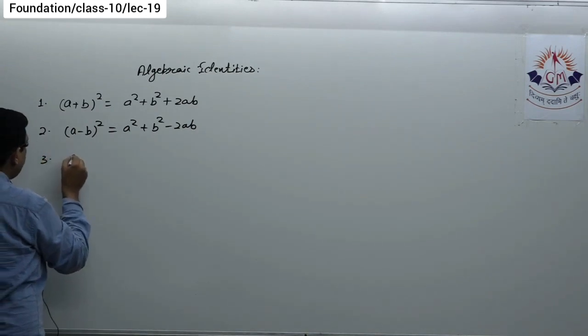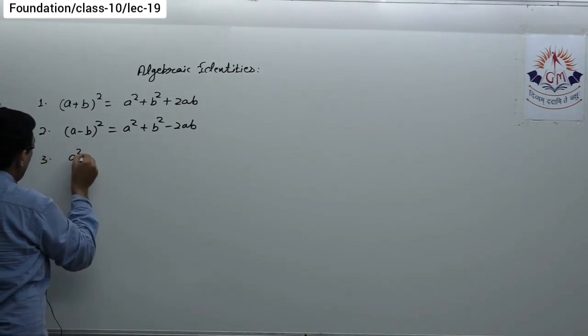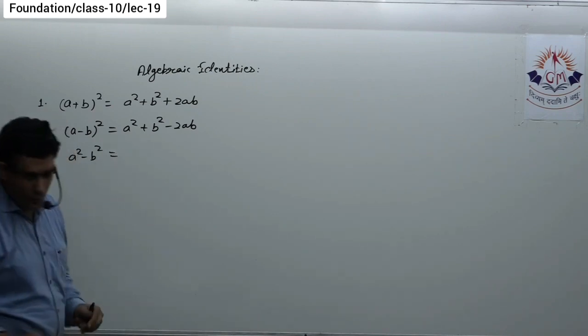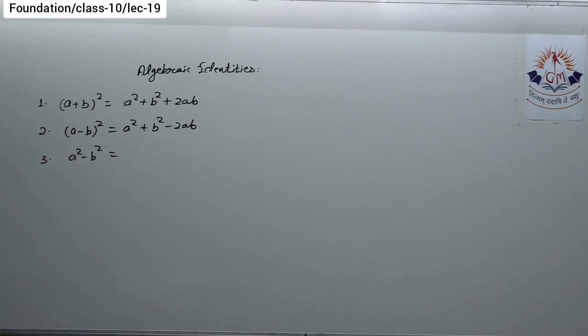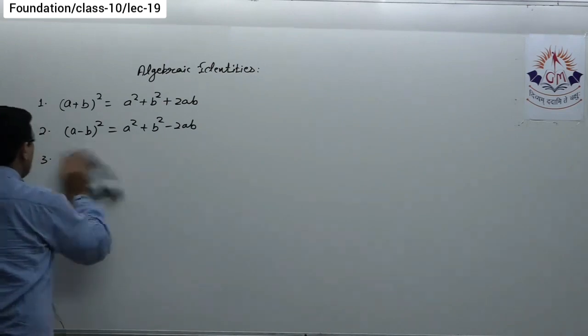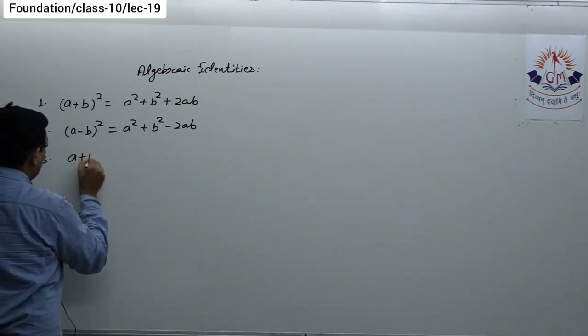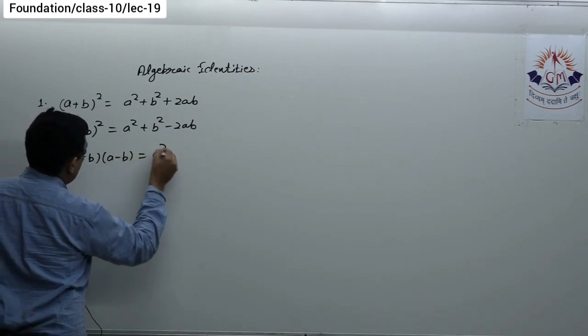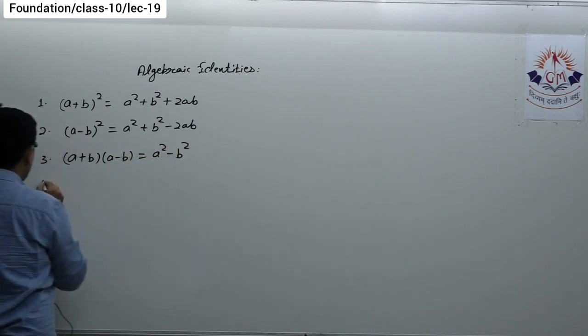Third is a square minus b square, that is equal to (a plus b) into (a minus b). So better to write it this way: (a plus b) multiplied by (a minus b) is equal to a square minus b square.